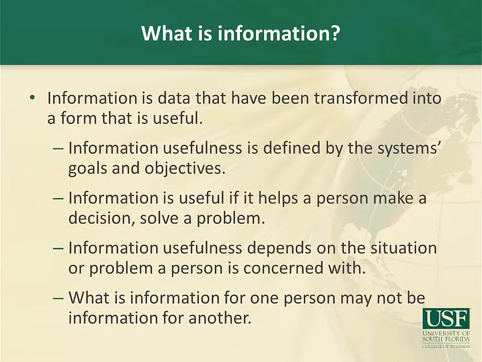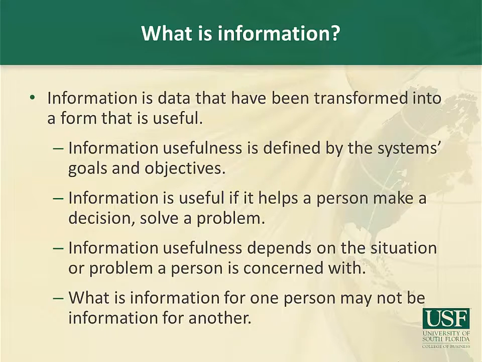What is information? Information is data that have been transformed into a form that is useful to somebody. Now recall, information usefulness is defined by the system's goals and objectives. We do not know if the data has become useful unless we know what is the purpose of the system. What is the purpose the users want to put this information to?